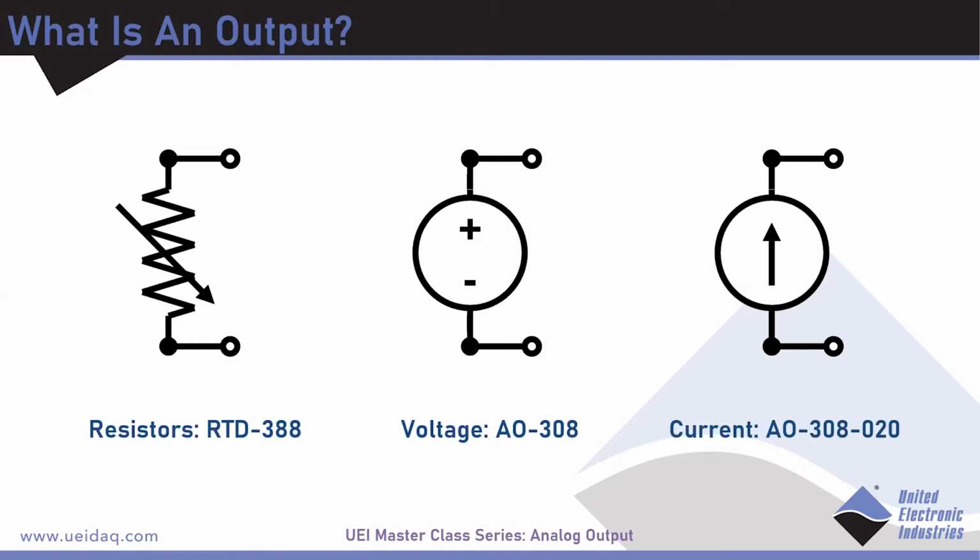An output can also be a resistor, or an RTD, or an LVDT, as we spoke about in the previous masterclass. All of that is to say the analog output part of UEI's catalog isn't just outputting certain voltages, it's outputting a wide range of things that makes our lives easier in terms of the applications that we need to work with.